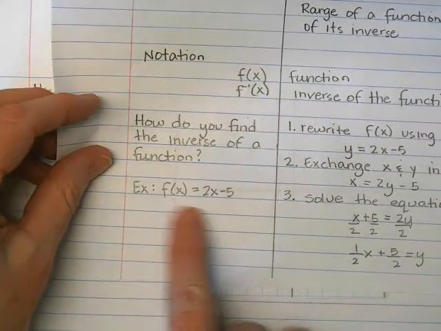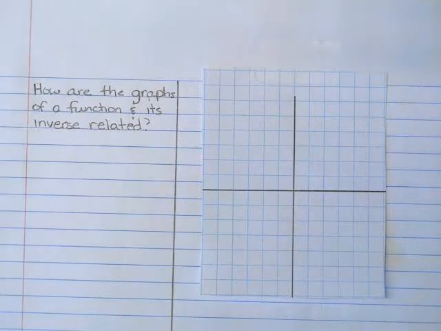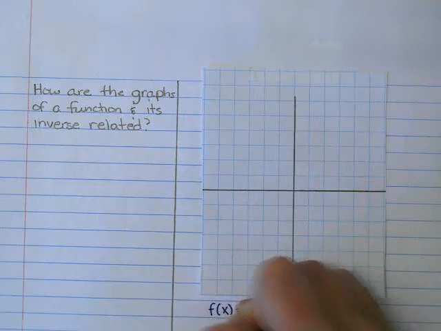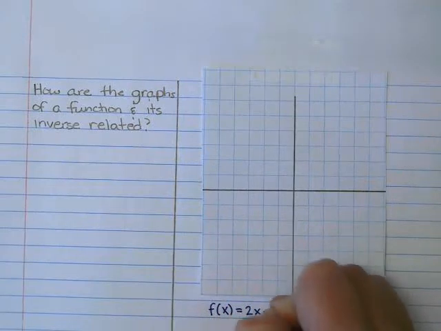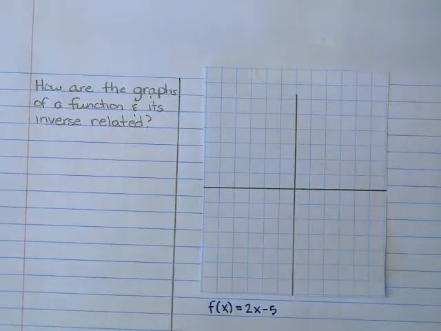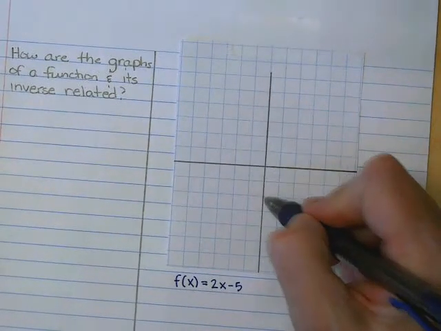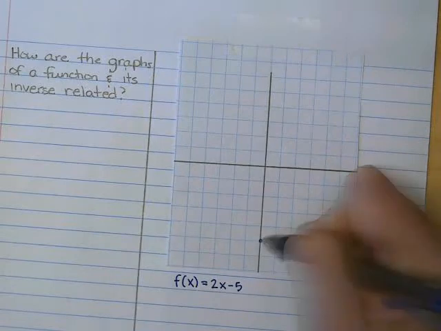Okay, so the original function right here, f of x is 2x minus 5. Okay, let me put that one in. I have f of x is 2x minus 5. That's just a line. There's my y-intercept at -5. So 1, 2, 3, 4, 5.